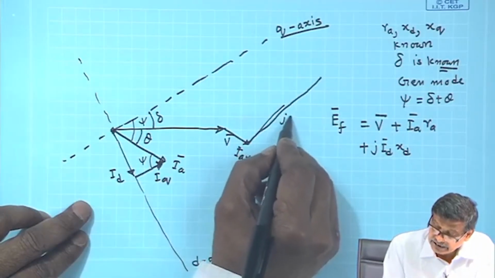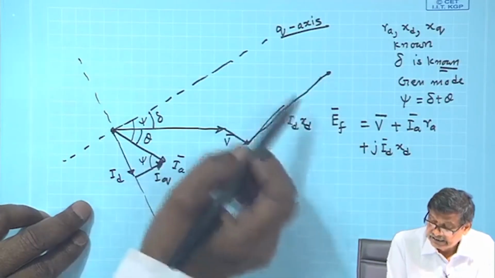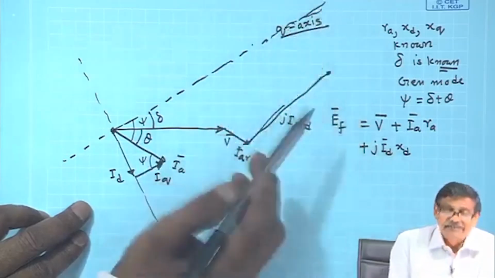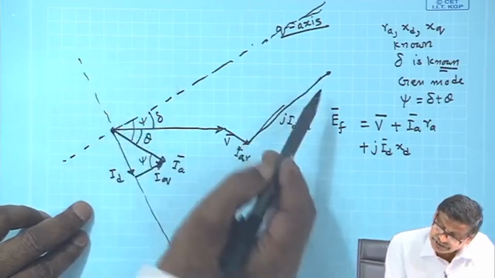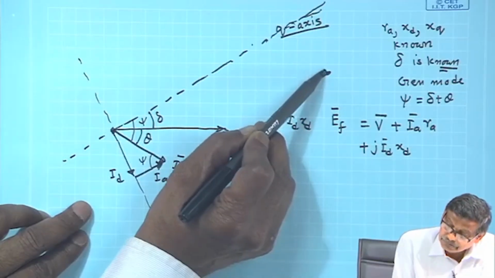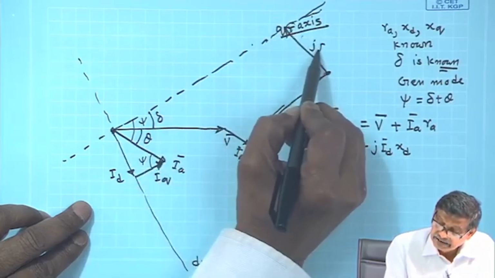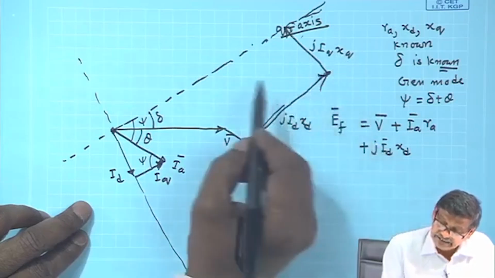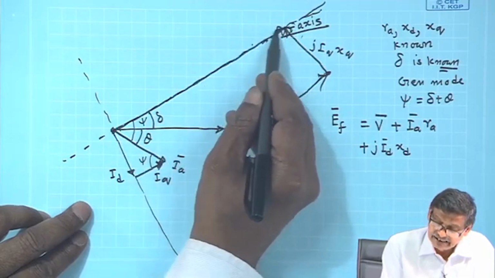So, j I d x d, and once I get there, then everything is in place. I mean, see, I q x q will be j I q x q, it brings down to this point, j I q x q, and this is j I d x d, and then I will say this is E f.